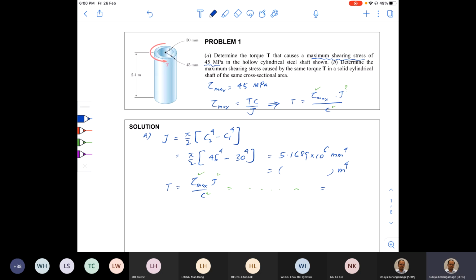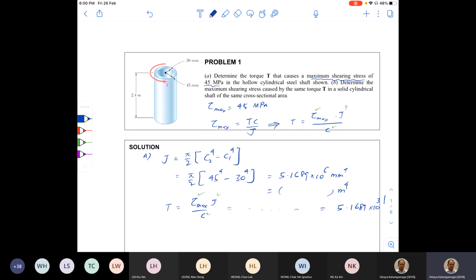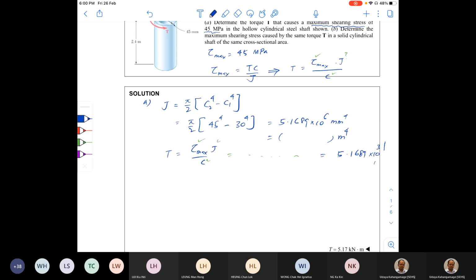The answer is 5.1689, this is the exact answer, into 10 power 3 Newton meter. So that is part A.